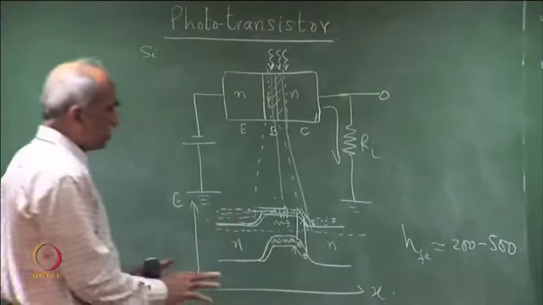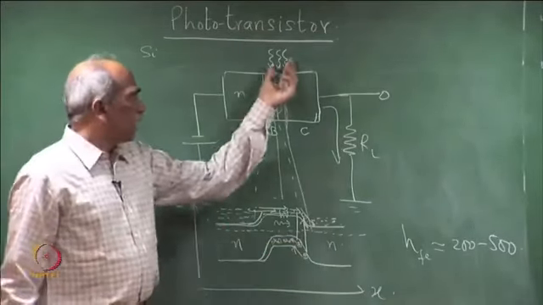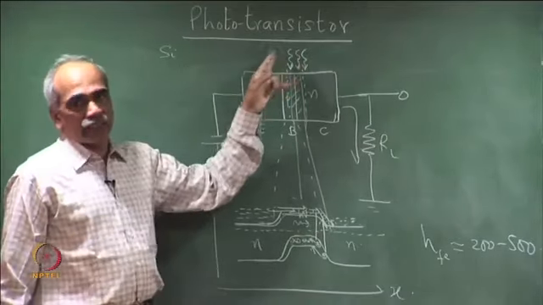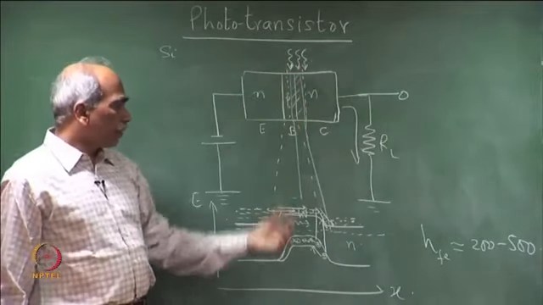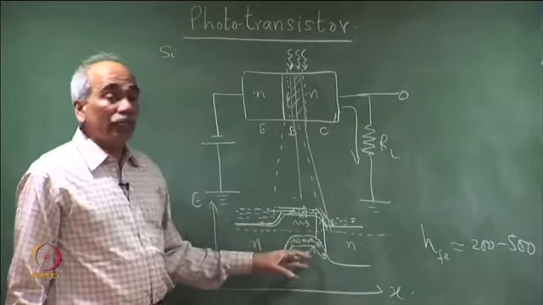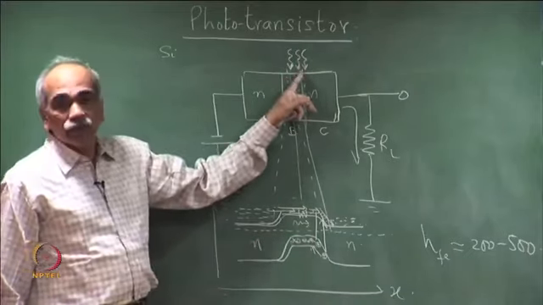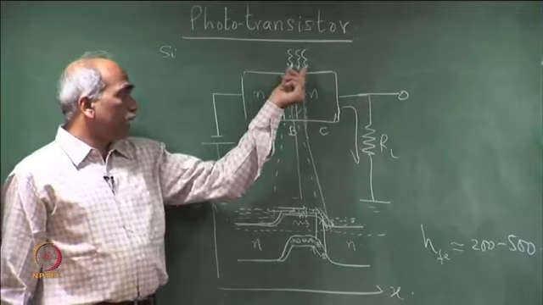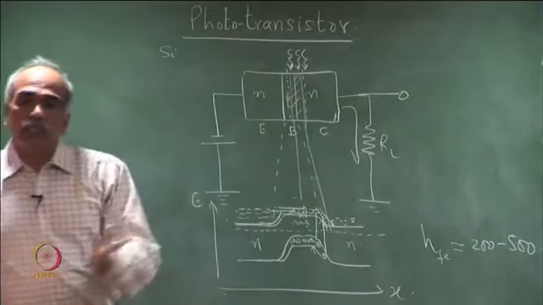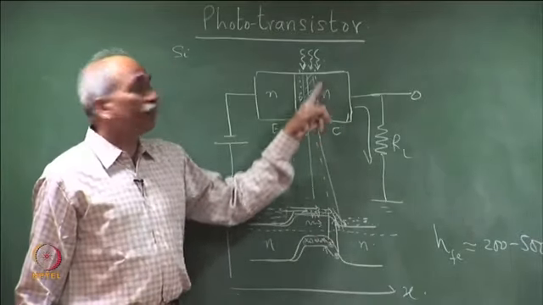Phototransistors are used in certain simple applications where you have a sufficient amount of light incident, because one of the primary difficulties or demerits of the phototransistor is that the junction area, the catchment area, is very small, because it is at the base collector junction, which is the active region.